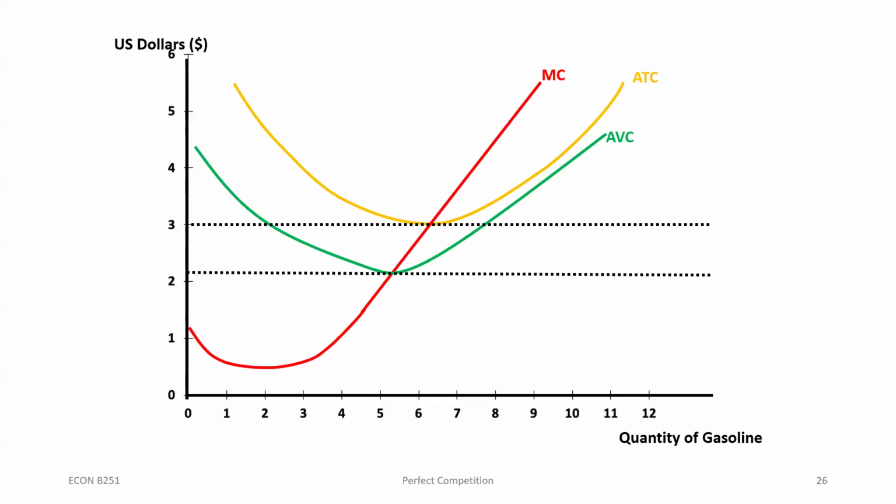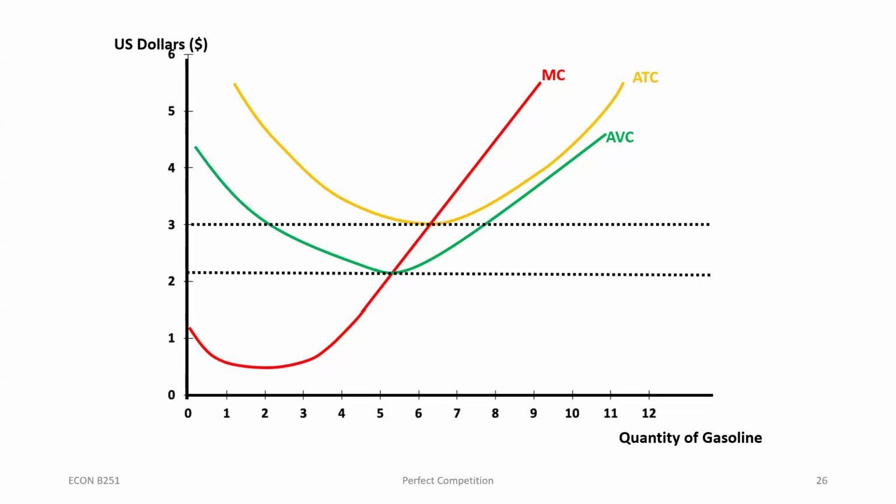Average total is average variable plus average fixed. So any price below the minimum point of my average variable cost curve results not only in negative profits, but if price is below average variable cost, what did we say we should do? Shut down, right? I'm causing my losses to be the lowest possible by simply shutting down, producing nothing.